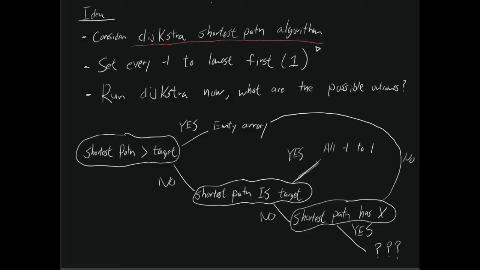By the way, Dijkstra's algorithm finds the shortest path from source to destination. And we can modify it to not only return the cost of the shortest path, but also the actual path itself. So that might be useful to us.